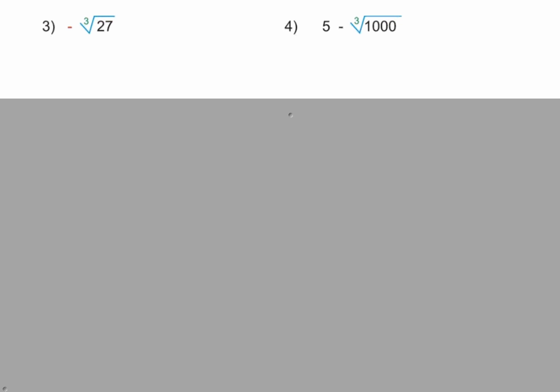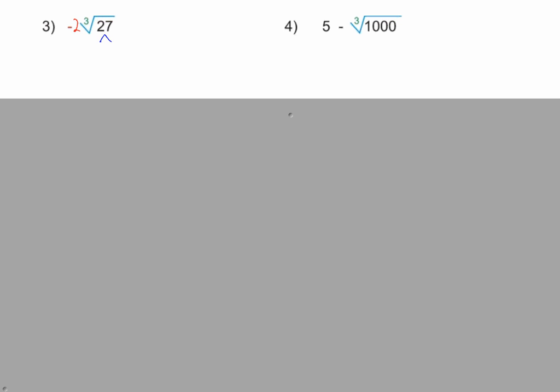Okay, so again, if you got a negative out front, let's make it a little bit more interesting. We'll stick a negative 2 out in front. Again, all that is a multiplier of the cube root of 27. Would you agree? Now, what if you don't know what the cube root of 27 is?